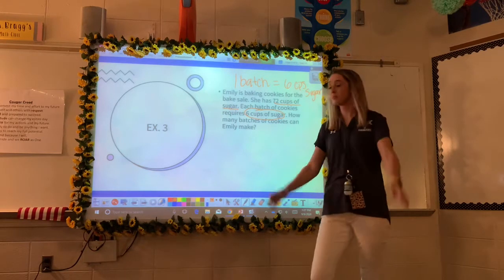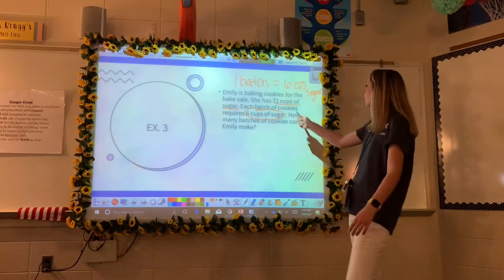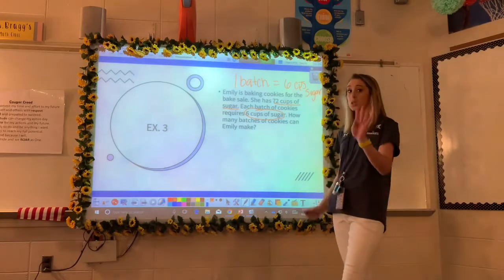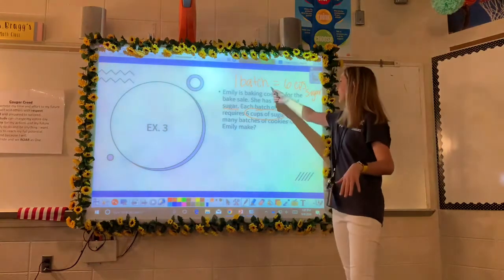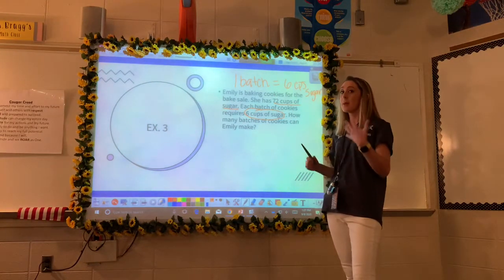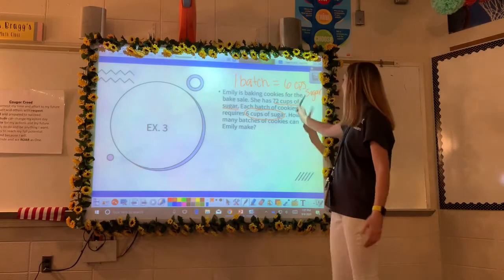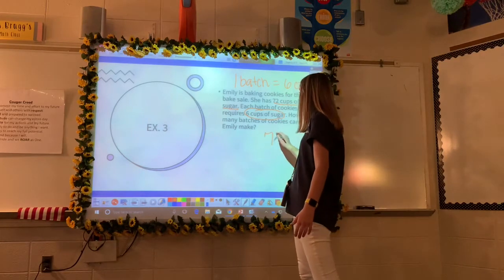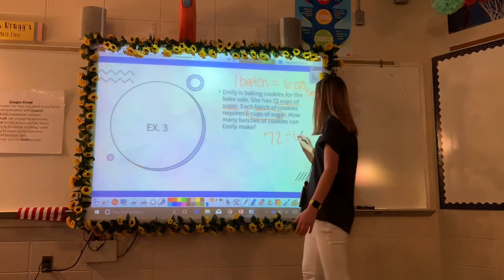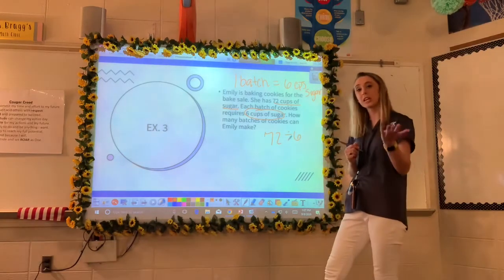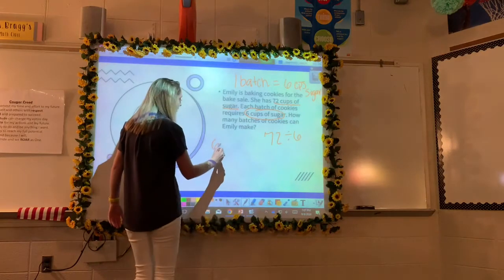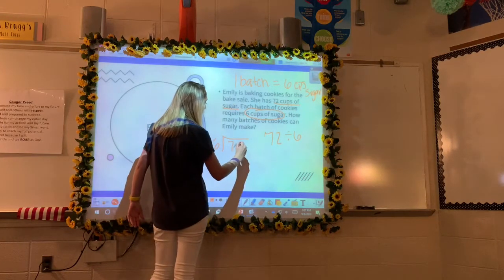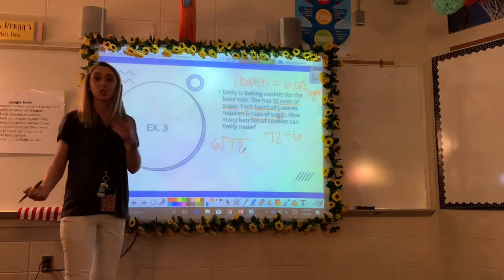If you remember ratios, you can set this up as a ratio because we're given a ratio of 1 to 6. But if you're not, we know that we have 72 total, so we want to see how many times 6 can go into 72. So 72 divided by 6. So 6 would be on the outside with 72 on the inside. And then you do your division rules.